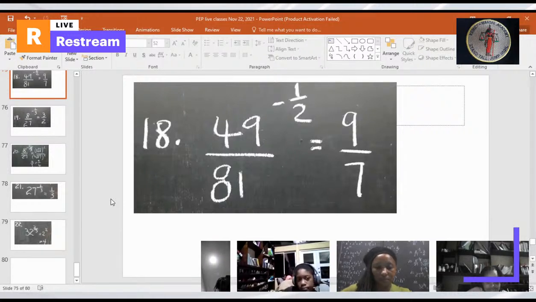We find the square root of each. So you find the square root of 81 and the square root of 49, because when you raise a number to the half power, you find the square root of it. The negative tells you that after you do that, you are to invert. Right?